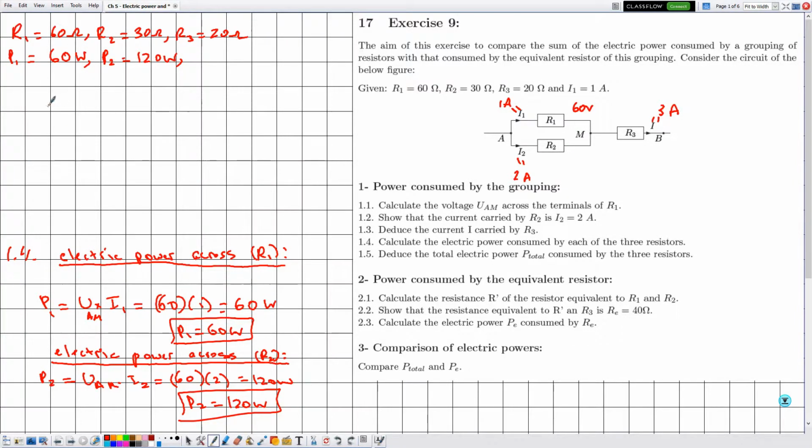And now the electric power across R3. So now in this case, we need to calculate the power which is equal to U multiplied by I across R3.